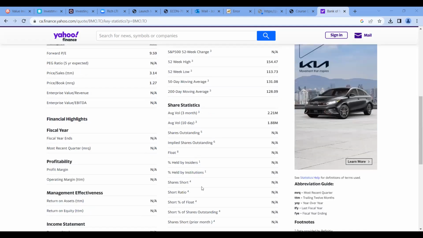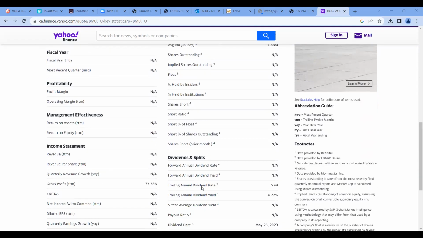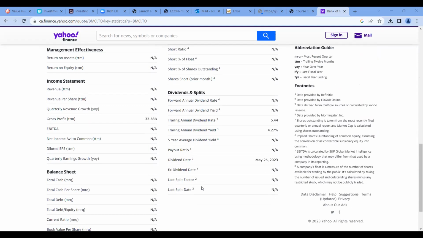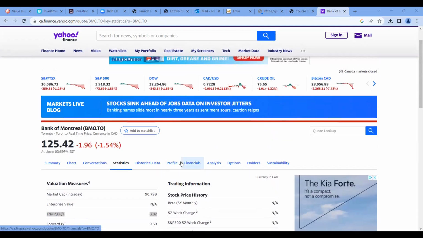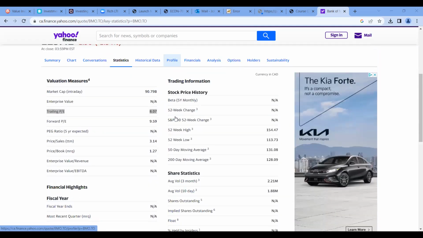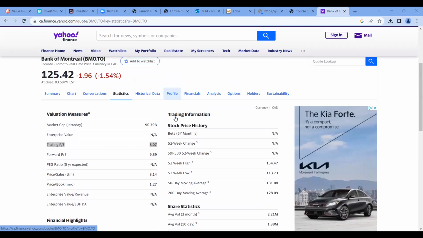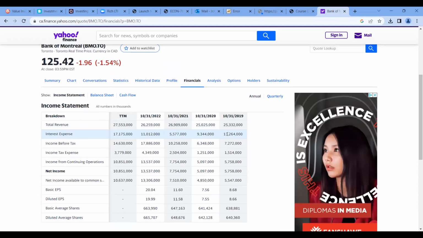So that's good for us there. Those are good stats for us to benefit from investing. Now I'm just going to look at the financials here.